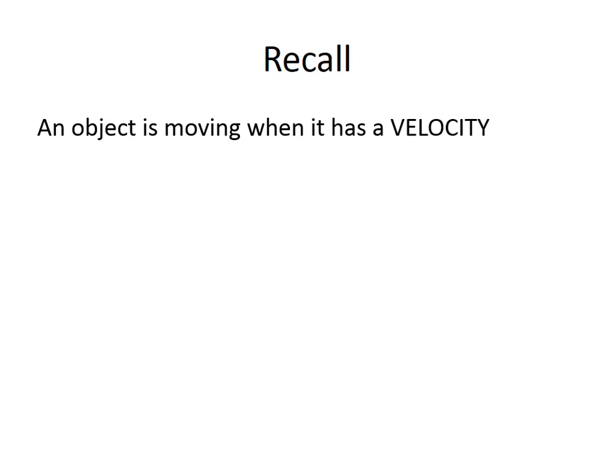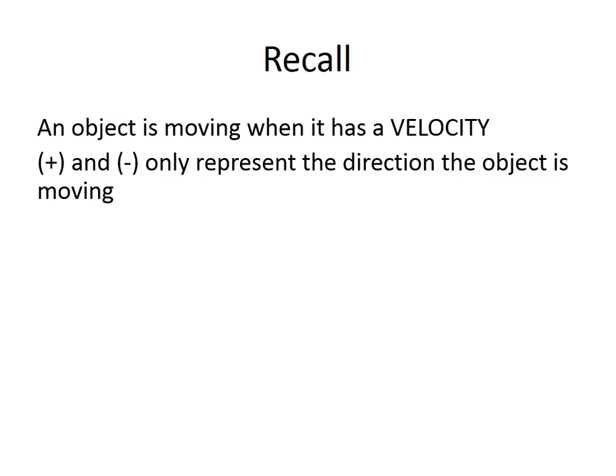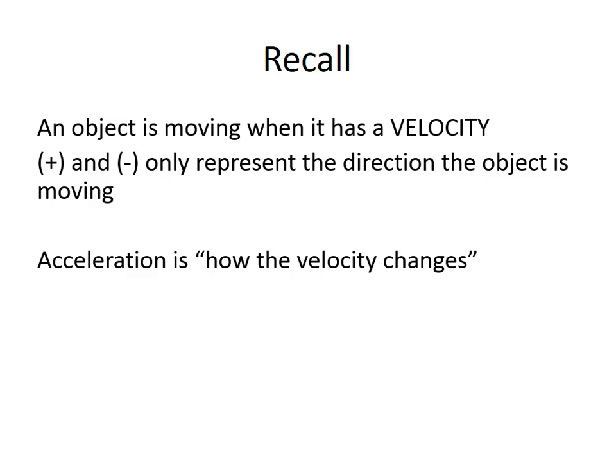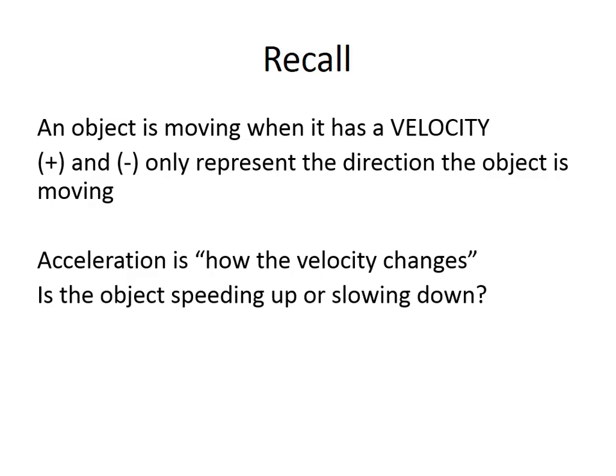Velocity is a vector quantity, so it can be positive or negative, representing the direction of motion, while acceleration is how velocity changes. That will tell you whether you're speeding up or slowing down, or going at constant speed if there is no acceleration. So again, acceleration does not tell you that you're moving, velocity does.